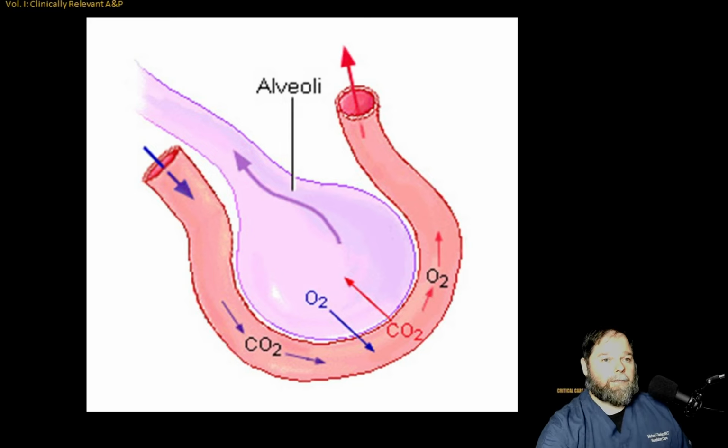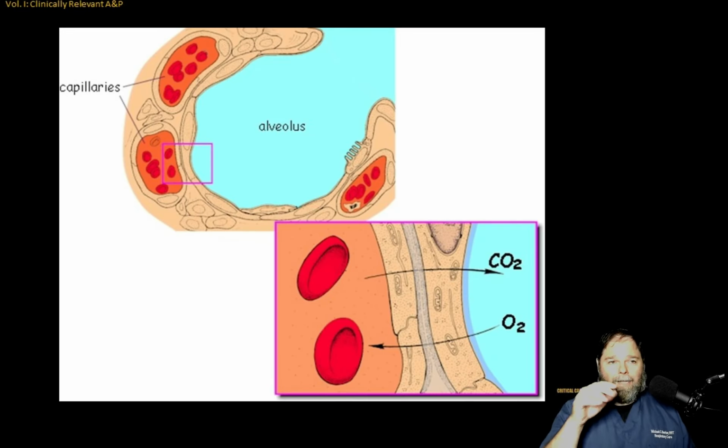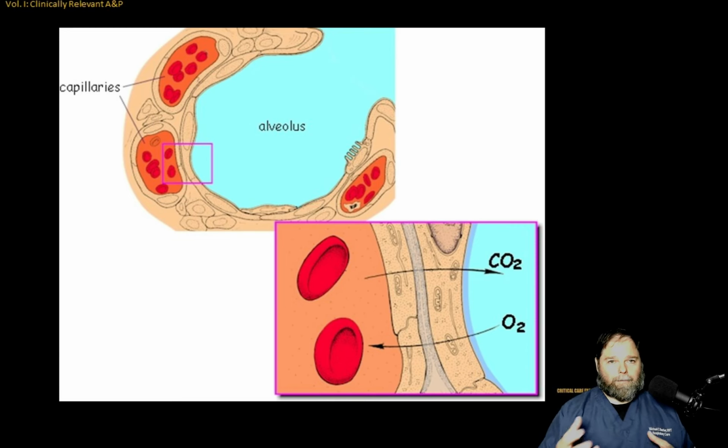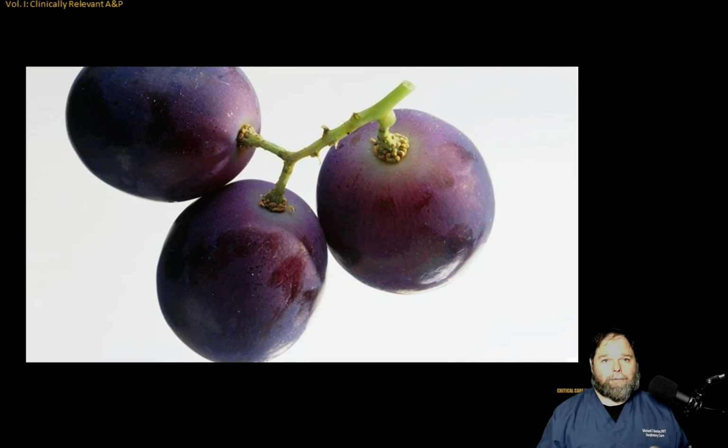So if we look at this other picture, we see kind of a side view. In that first picture you saw a single alveoli and a single capillary. In this picture you see like 3 or 4 capillaries wrapped around this alveoli. That still doesn't tell the whole picture. So I tend to think about this more like, and I'm not the first one to describe alveoli as grapes.